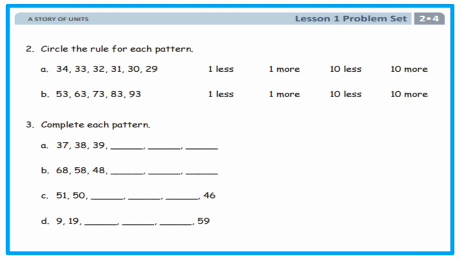It's reducing. But you need to look at it very well to know if it is the tens that is changing or the ones that is changing. If the ones are changing and it's going up, it's increasing. If the ones are increasing, know that that is 1 more. If the ones are reducing, it's 1 less. If the tens are increasing, it's 10 more. And when the tens are reducing, it is 10 less.